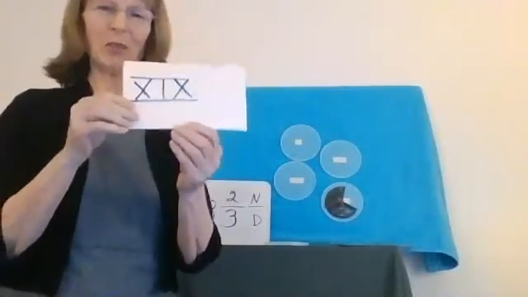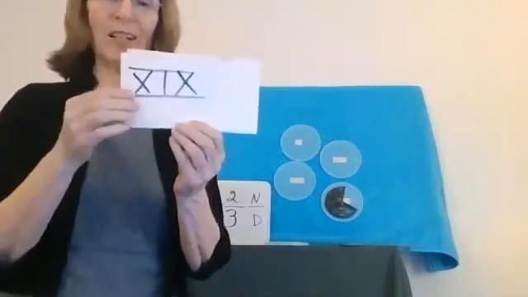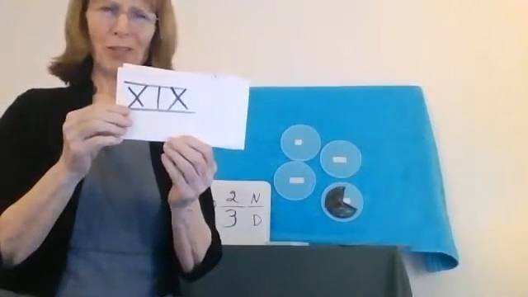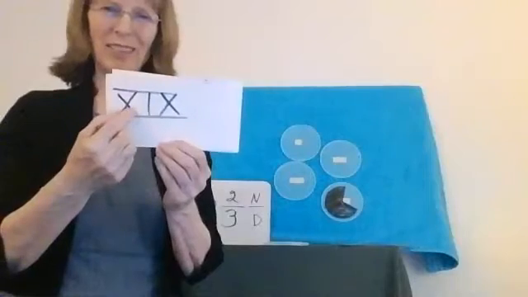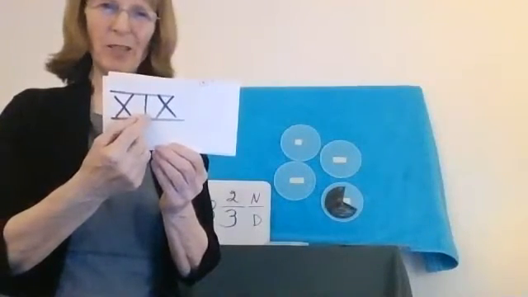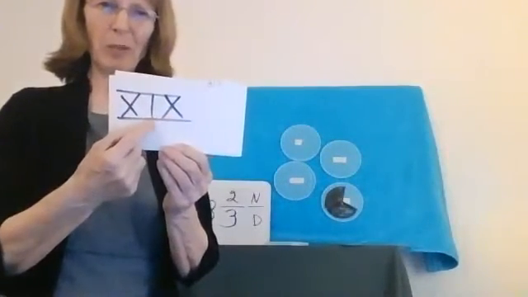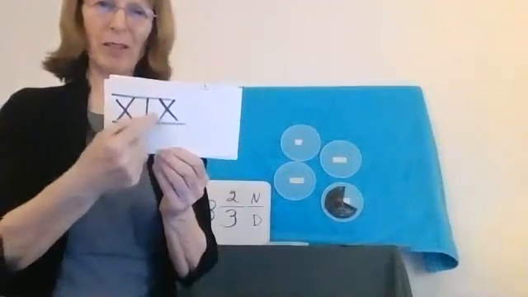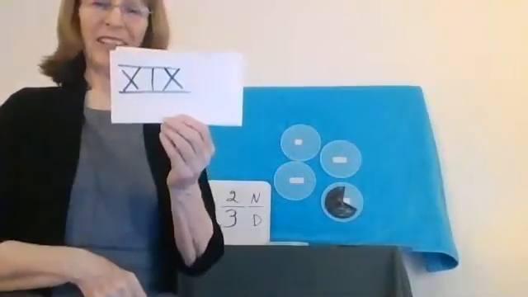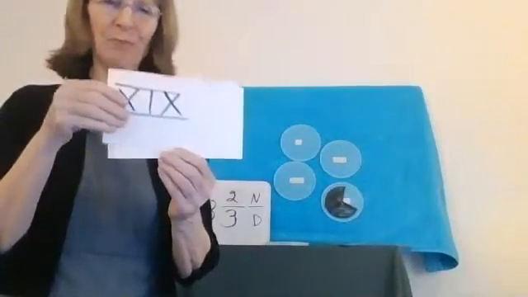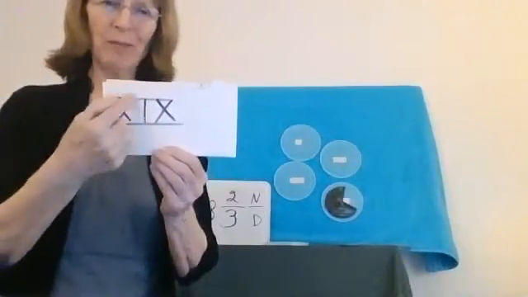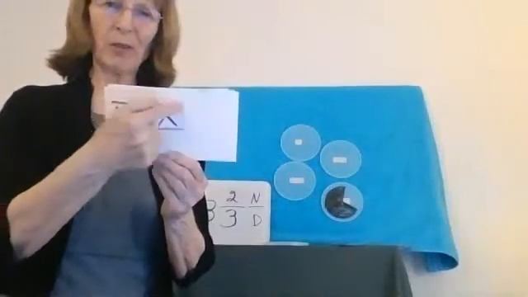Good. Oh, here's one more. This is an interesting one. Wait a minute. This I comes after the X, but with this one, it comes before the X. So which one does this I go with? It goes with this one.